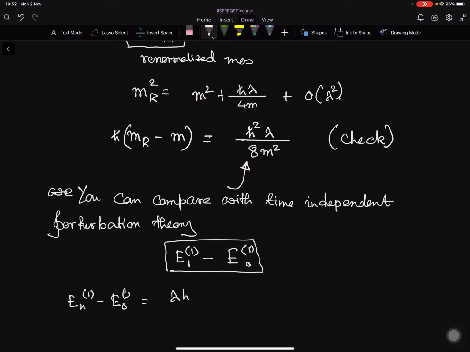This is lambda square over h bar square 16m square, minus n square plus n. So put n equal to 1 and you get this expression.